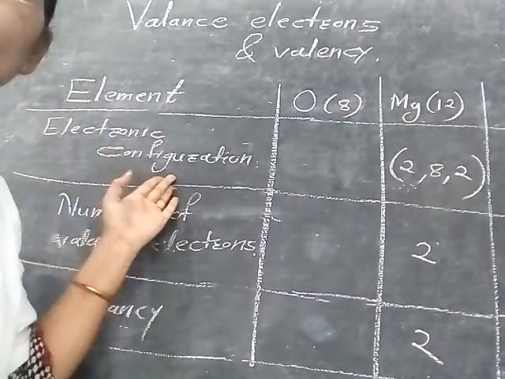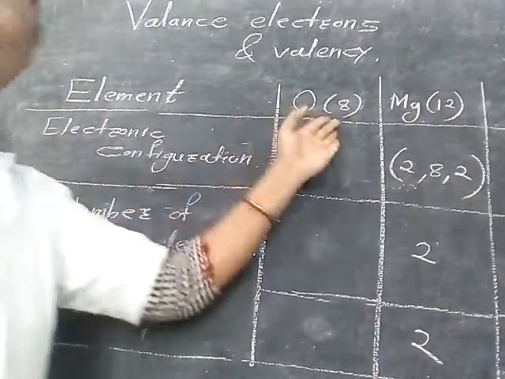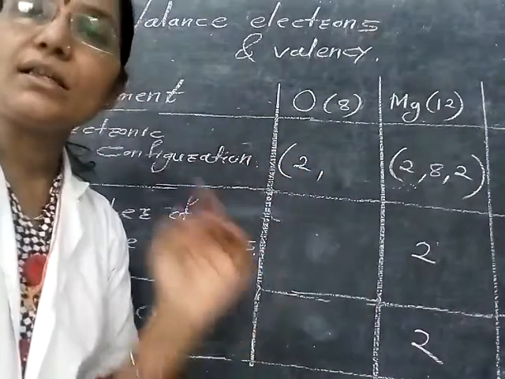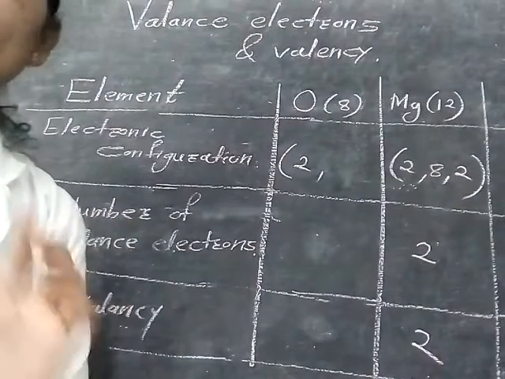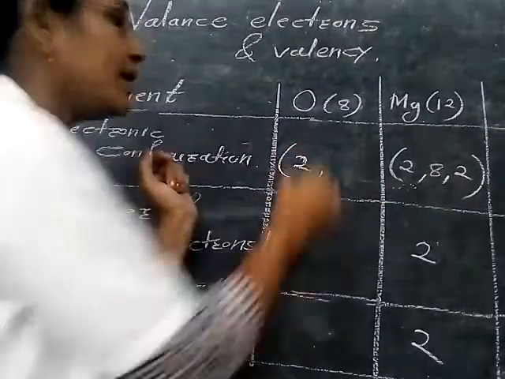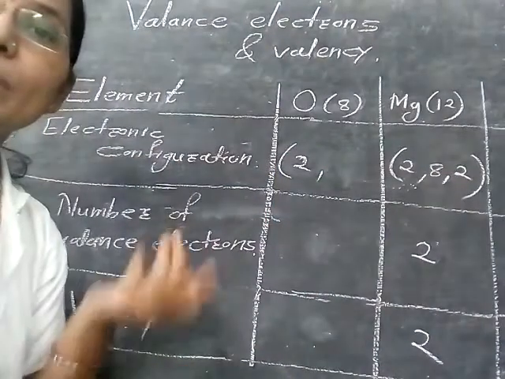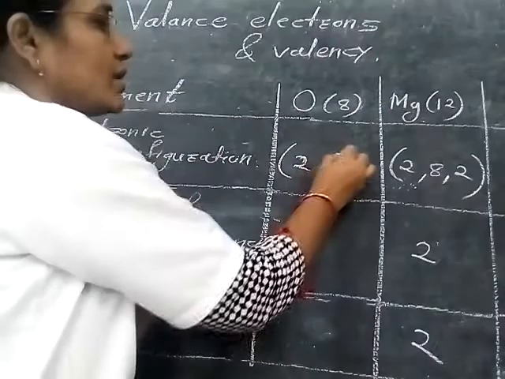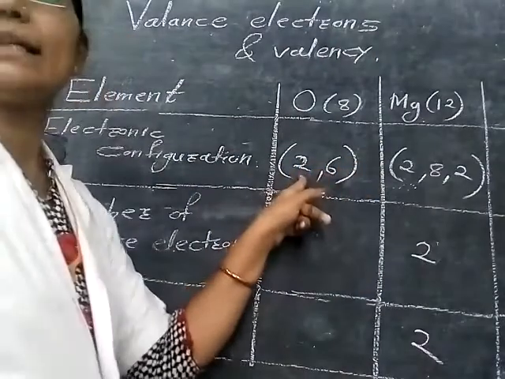Now the electronic configuration. There are 8 electrons. In the first shell we write 2 electrons because the capacity is 2. How many electrons remain? There are 6 remaining. So 2 plus 6 is 8.